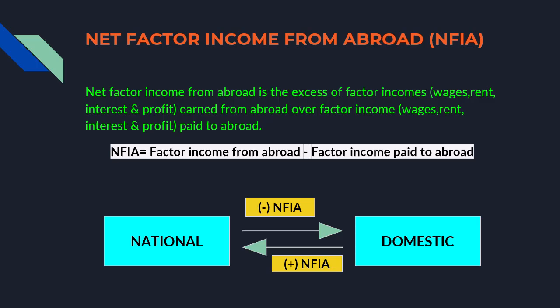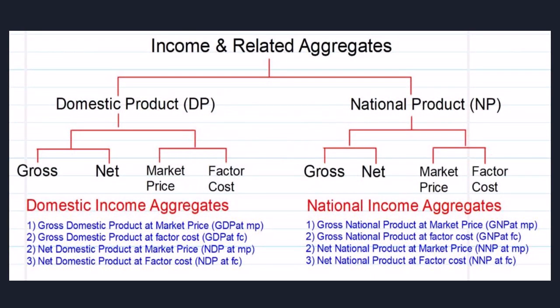Next, we are going to discuss the national income aggregates. जैसे मैंने आपको बताया 6 टर्म्स का यूज बार बार होगा, ग्रॉस, नेट, मार्केट प्राइस, फैक्टर कॉस्ट, नेशनल, डोमेस्टिक. तो जब हम नेशनल इनकम एग्रीगेट्स के बारे में बात करते हैं तो वो एग्रीगेट्स इन्हीं टर्म्स से रिलेटेड हैं.